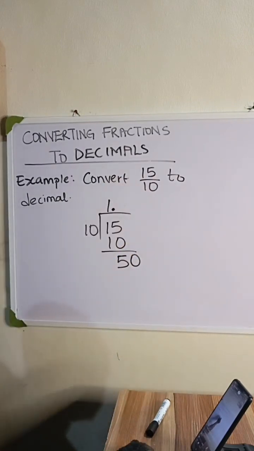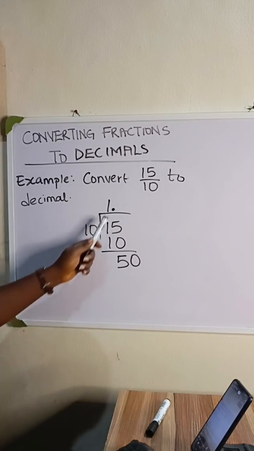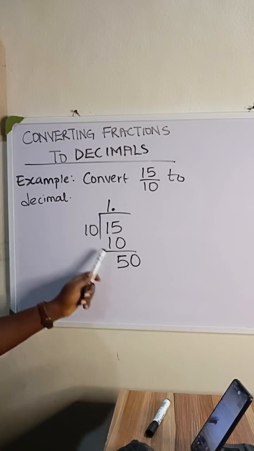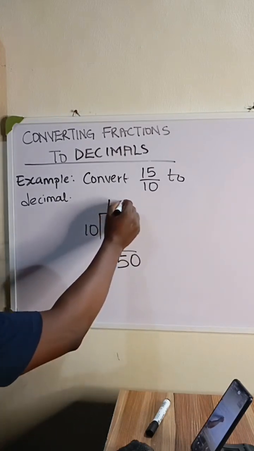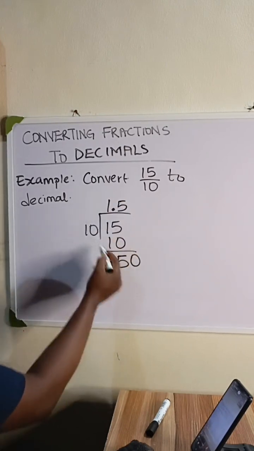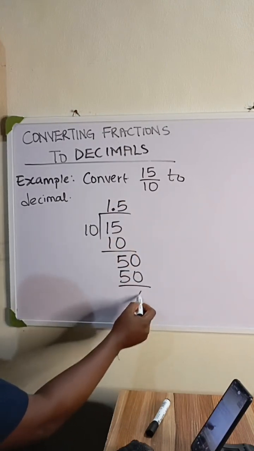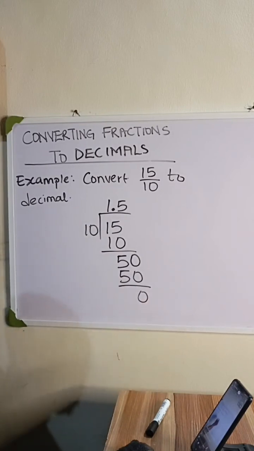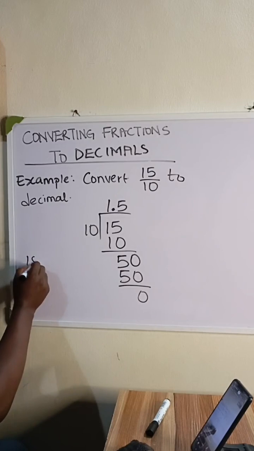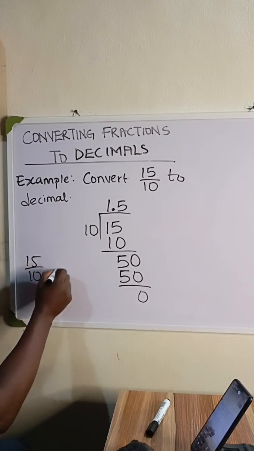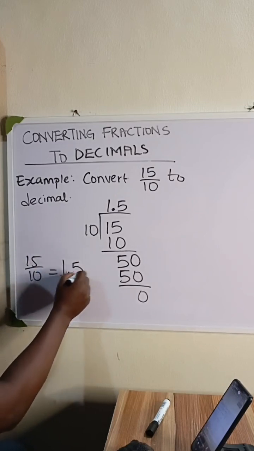So now we can do 50 divided by 10, which will give us 5. 5 times 10, 50. 50 minus 50, 0. So this means 15 over 10 is equal to 1.5.